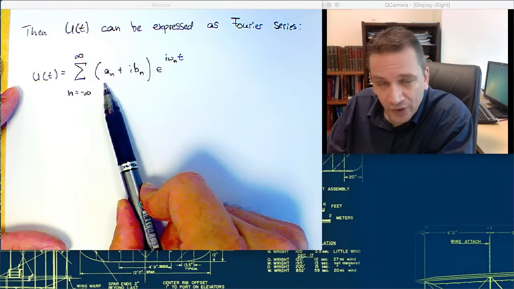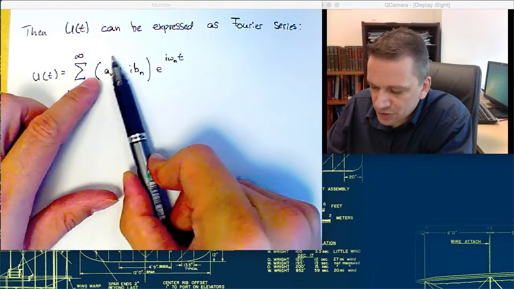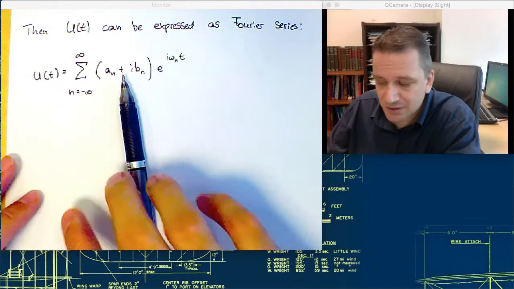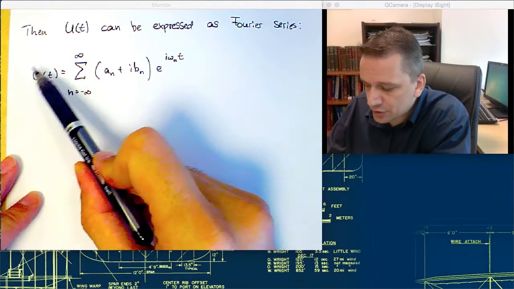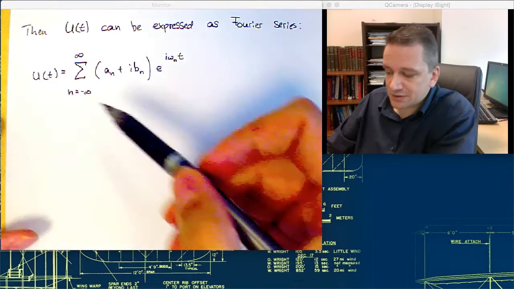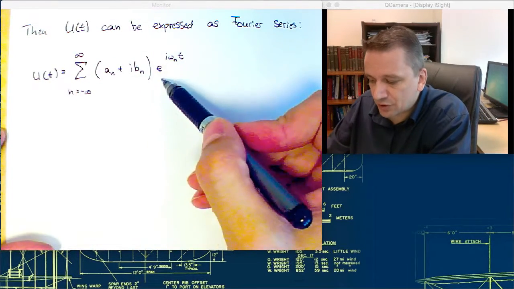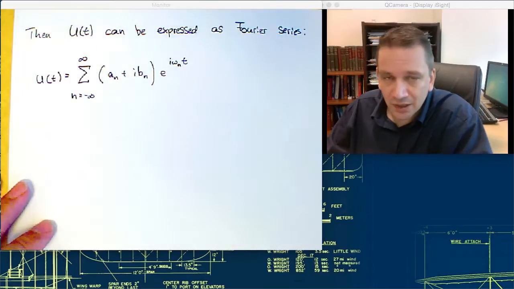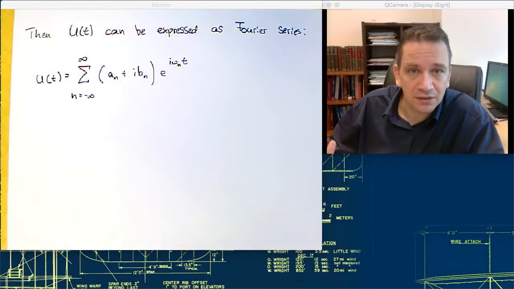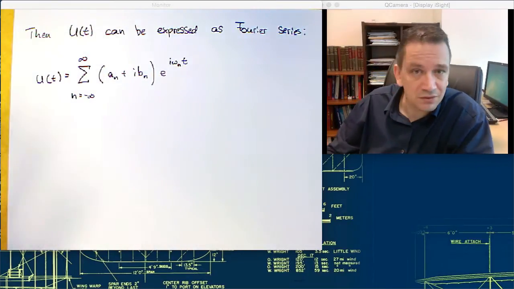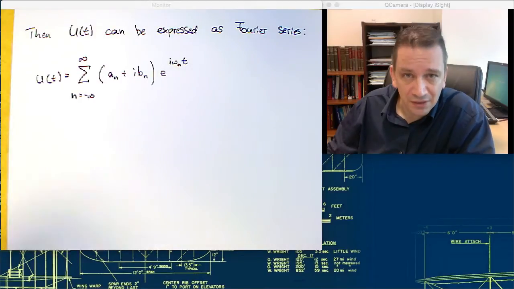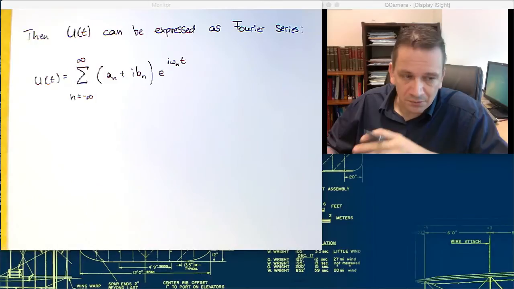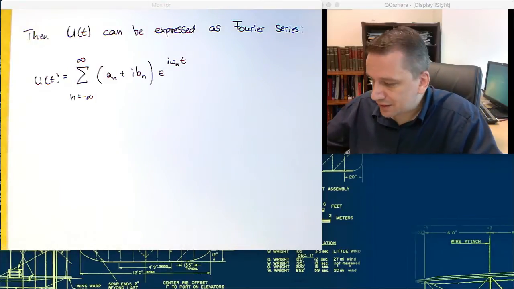You have factors that are essentially describing how much of that frequency is within your signal. And essentially, I'm rewriting this original signal as a superposition of all of these frequencies, and depending on an and bn, how strong these frequencies are, well, if they're 0, then, for example, that frequency is not present, but you can have anything else in between to any kind of amplitude that adds up to it.